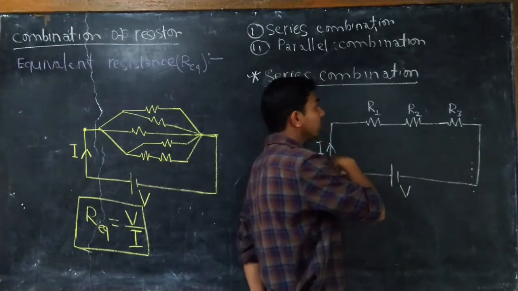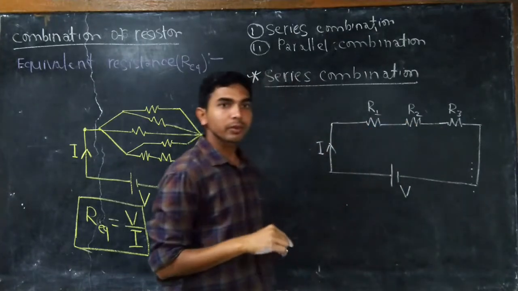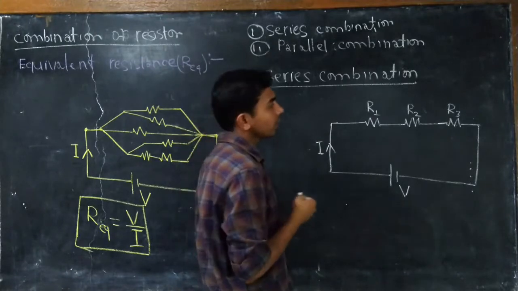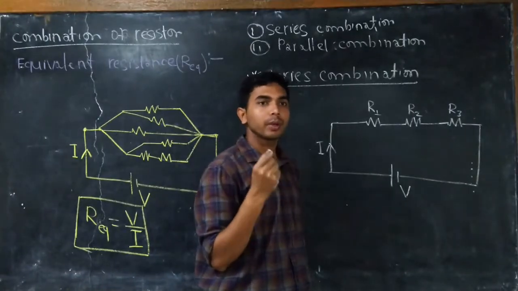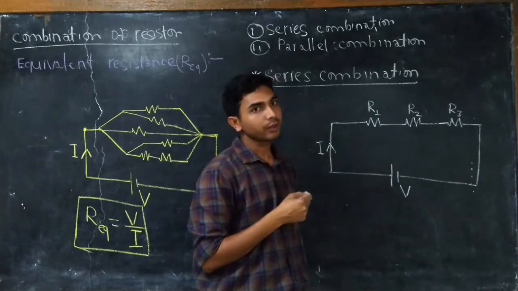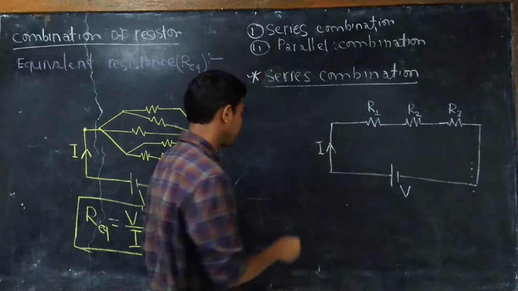So the same current passes through each resistor; then that combination of resistors is known as series combination.